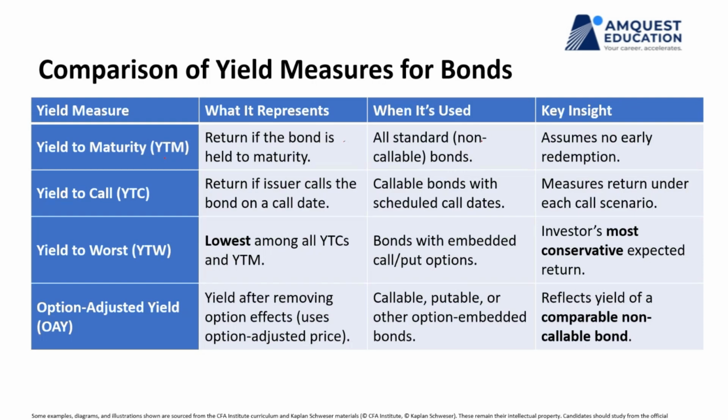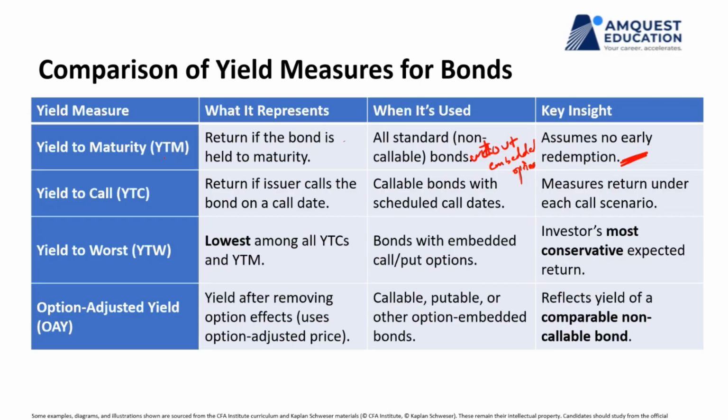Standard, when I say bonds, means bonds without embedded options. If there are no embedded options, you use YTM. Then it assumes no early redemption. Why is there no early redemption? Because there is no option. Which bond will have early redemption?